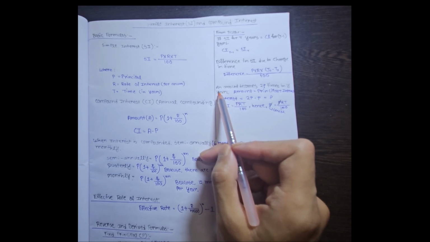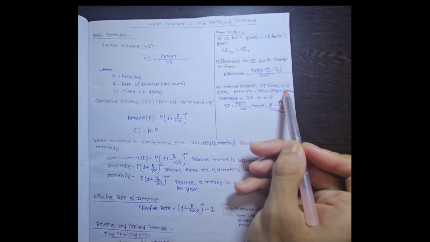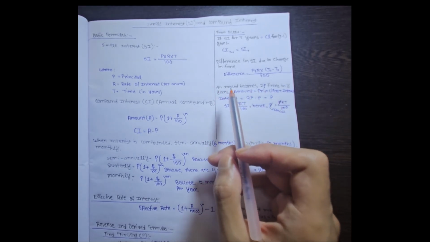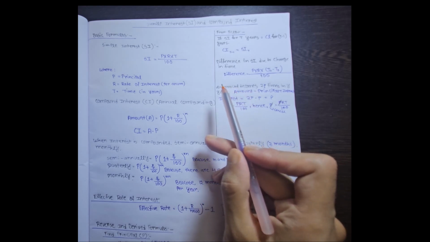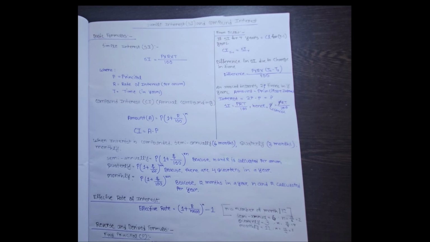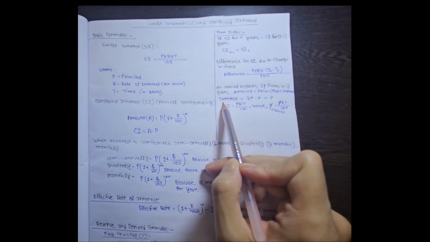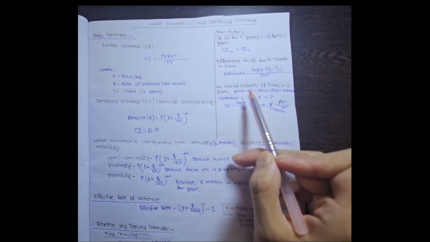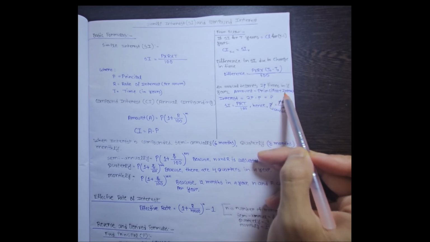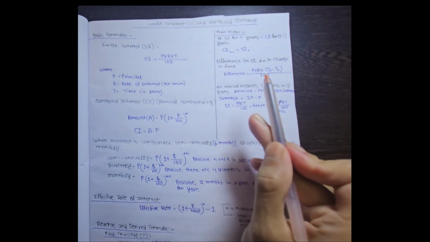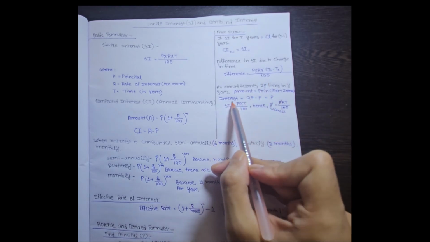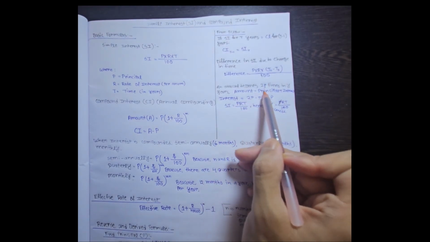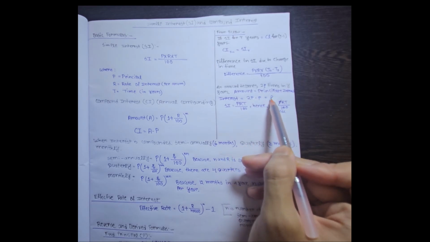And again, another point: an amount becomes 2p times in y years. They can say that an amount becomes 5 times in 3 years, so calculate in how many years it will become 10 times or so. What we would do is, we know that amount equals principal plus interest. The total amount we will get after maturity is the total principal plus the simple interest we will earn. So the interest is the amount 2p minus principal, so it comes to p.